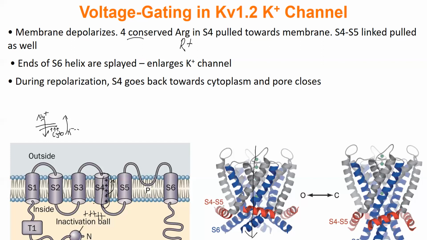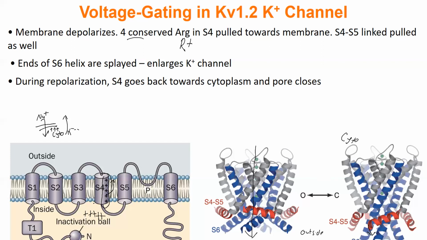And it's kind of being shown here in red. You can see it shifting. If this is the cytoplasm, this is the outside, you can see it move towards the outside of the cell a little bit compared to its previous position.